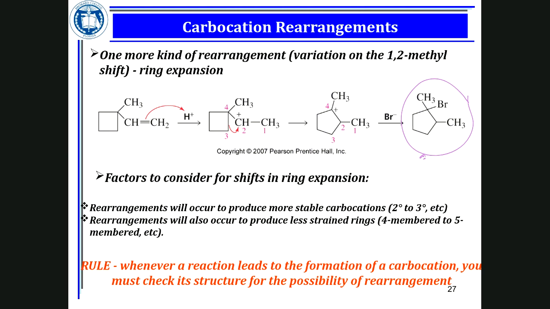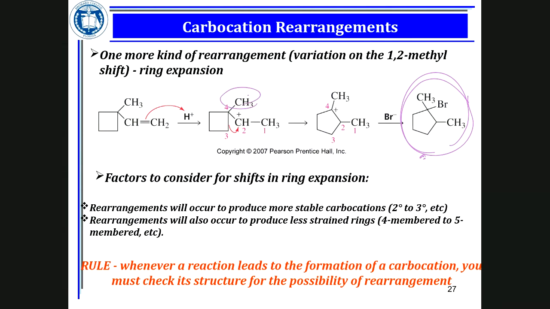You can see an increase in the carbon chain, or the size of the cyclic system, when it's going from a secondary to tertiary. If the cyclic system is attached to the carbocation and is substituted, this is not going to happen if you didn't have the methyl group here, because it's already secondary.